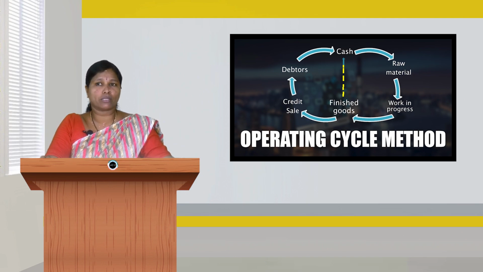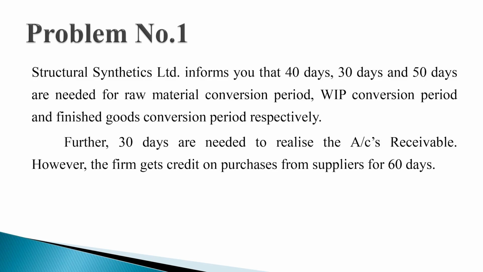First, I'll read out problem number 1, then we will go for the solution. Structural Synthetics Limited informs you that 40 days, 30 days and 50 days are needed for raw material conversion period, work in progress conversion period and finished goods conversion period respectively. Further, 30 days are needed to realize the accounts receivable.